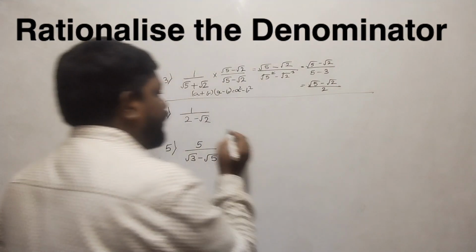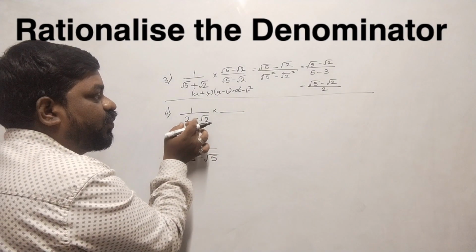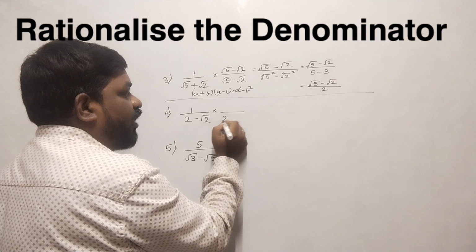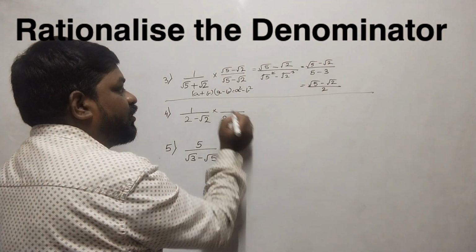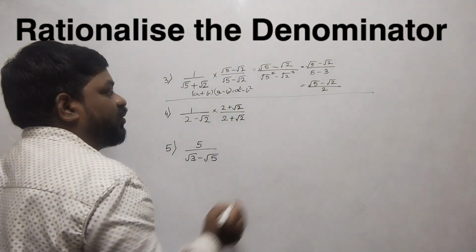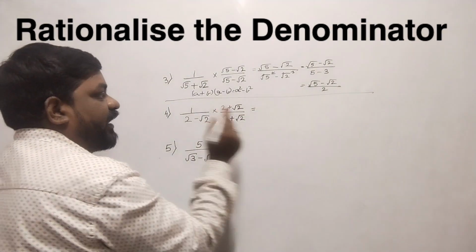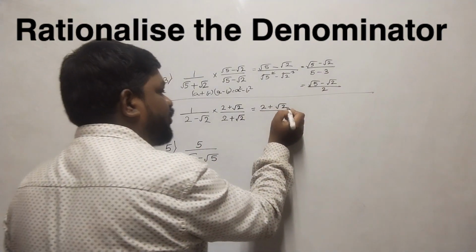Next, look at the next one. We have to multiply by 2 plus root 2 in both the numerator and the denominator. 1 into any number gives the same number, that is 2 plus root 2.